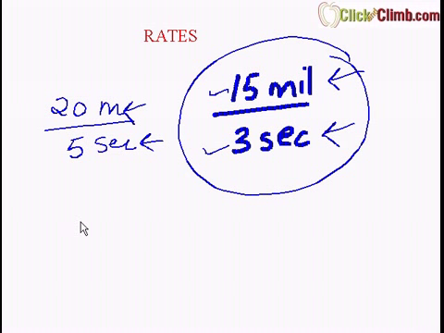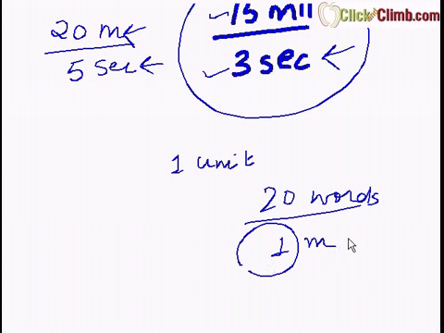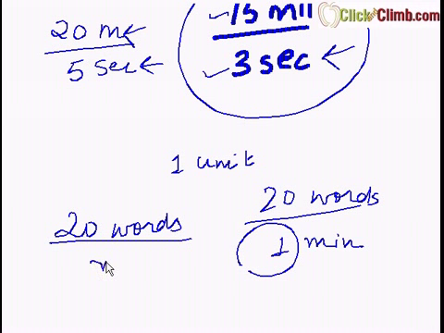Alright, now we talk about unit rate. What's a unit rate? As the word denotes, unit means one, so a unit rate has a denominator of 1 unit. Such as if I write 20 words in 1 minute, so this one is a unit. 20 words in 1 minute, or I can also write 20 words per minute.